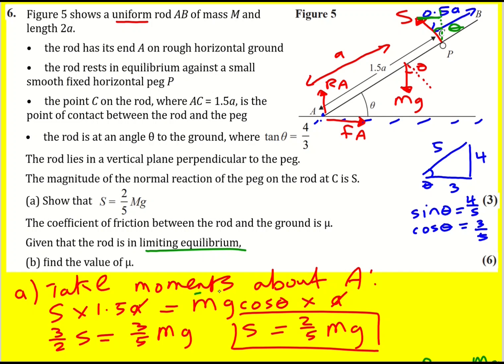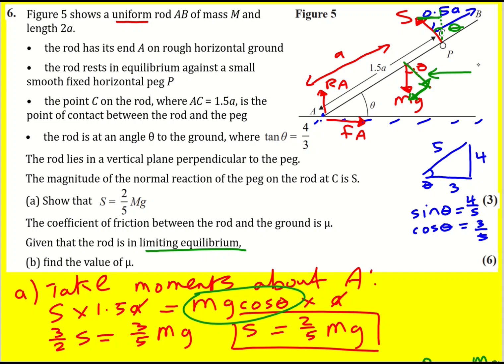But if I just want to say where this mg cos theta came from, what I'm actually doing is drawing a little triangle here, and I'm splitting mg. So I've got a component going perpendicular to the plane and a component going parallel to the plane. I wanted the component that was perpendicular to the plane.